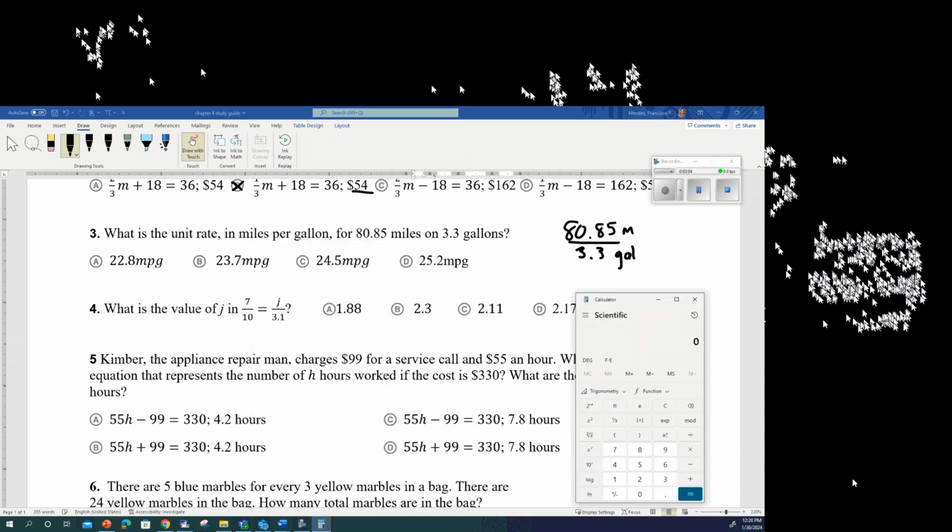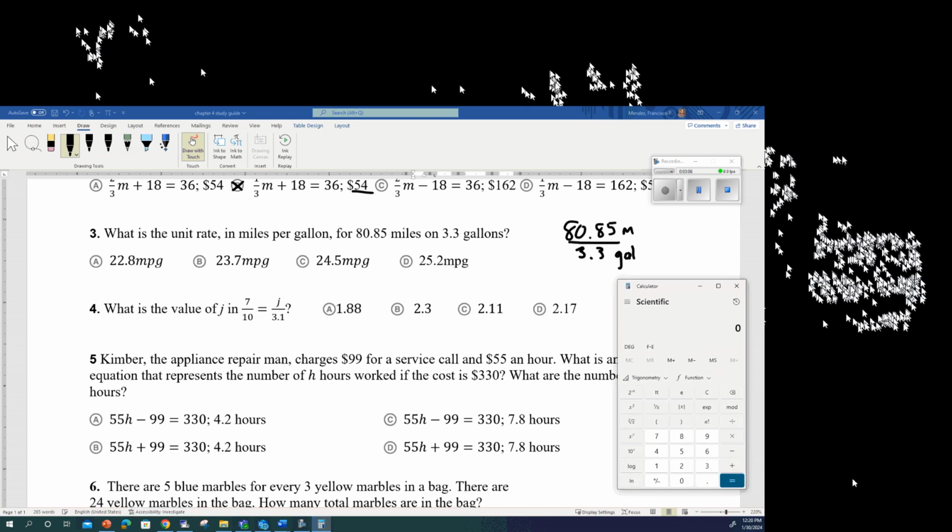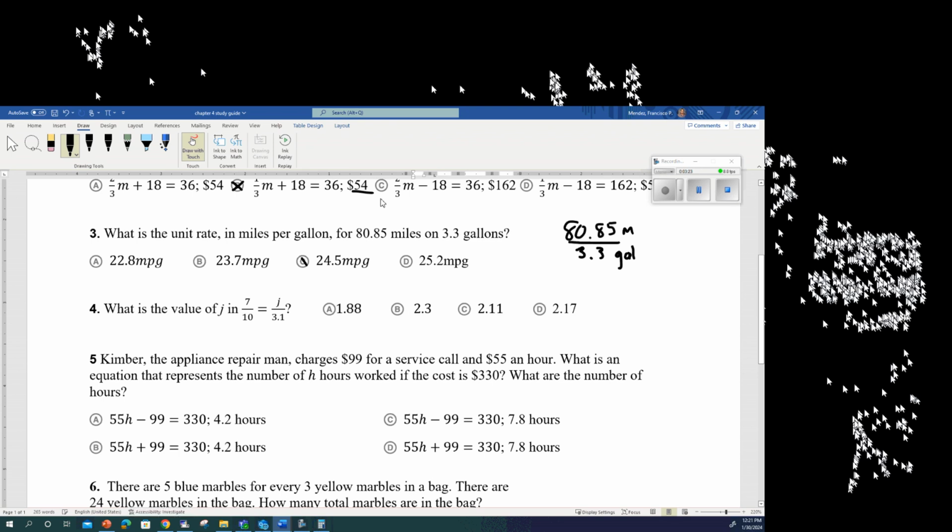So over here, I would put 80.85 and divide it by 3.3. This will give me 24.5, which means C is correct.